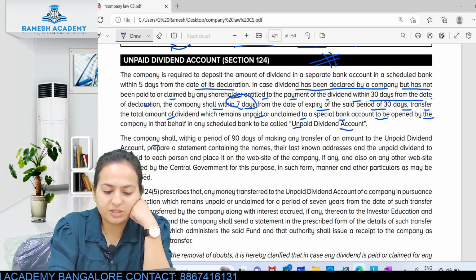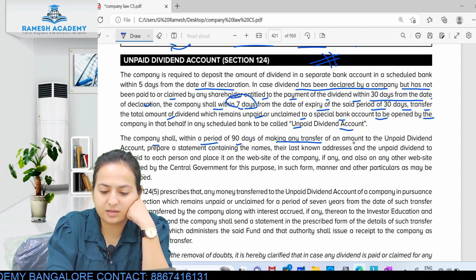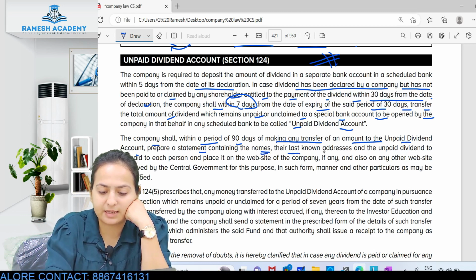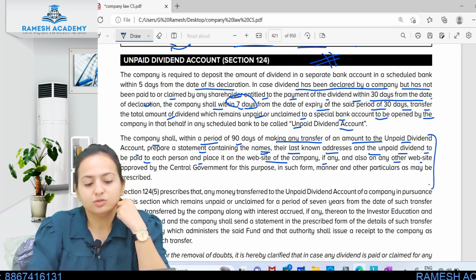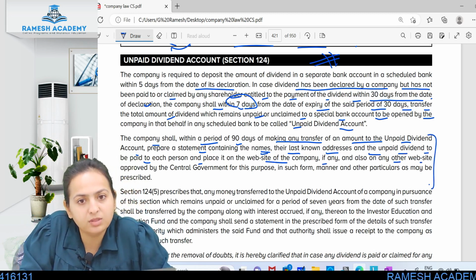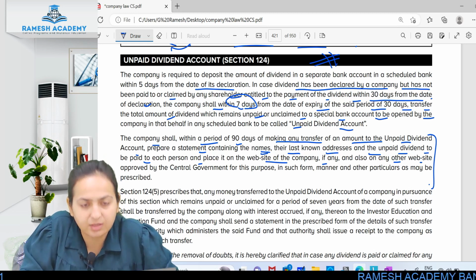So the company shall within 90 days of making the transfer to unpaid dividend account prepare a statement containing the name, the last known address and unpaid dividend to be paid to, and place it on the website of the company. So now you have transferred the amount to the unpaid dividend account.